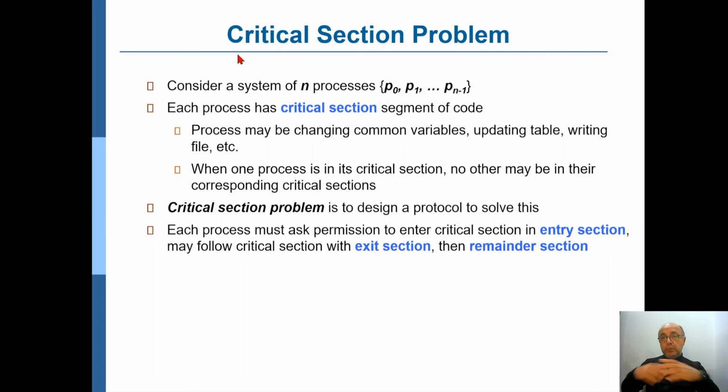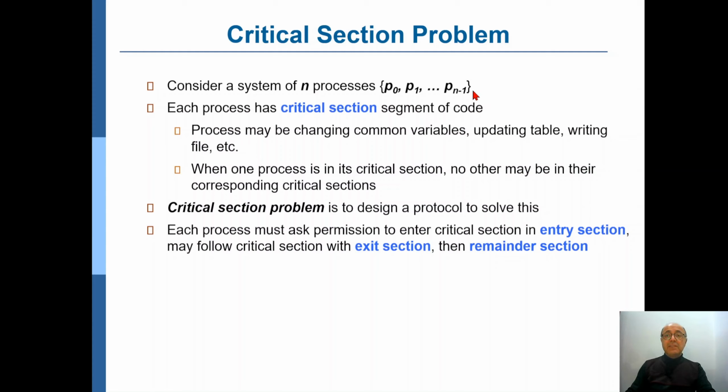So, in more general terms, not specific to that example on the counter variable, let's consider a system where we have n processes. Let's enumerate these processes from P0 to Pn-1. These are not ordinary processes.